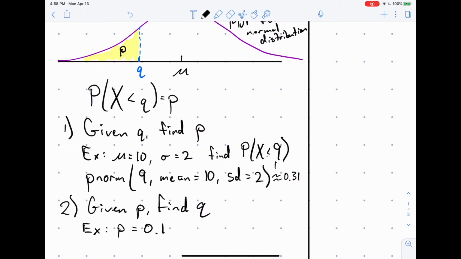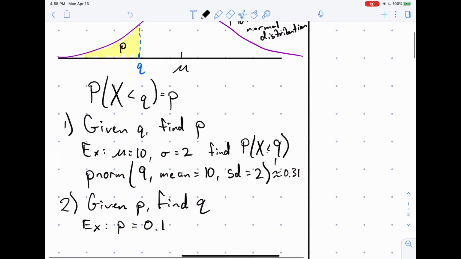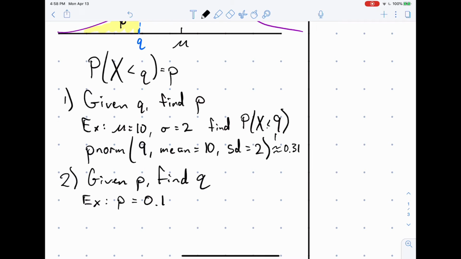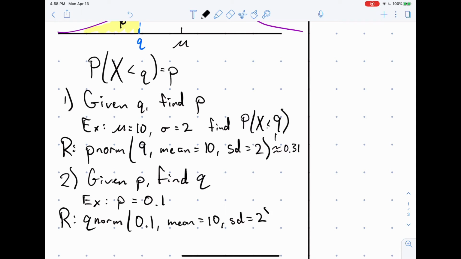These are probabilities, so they must be between 0 and 1 inclusive. So if we take P equals 0.1, then the R code is qnorm(0.1, mean equals 10, sd equals 2).